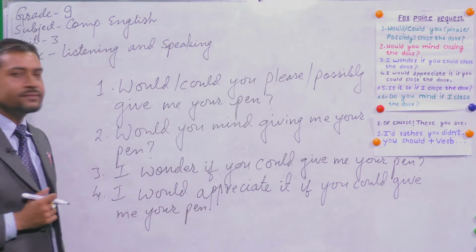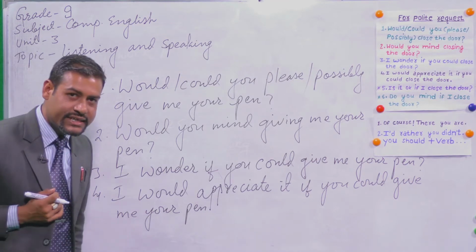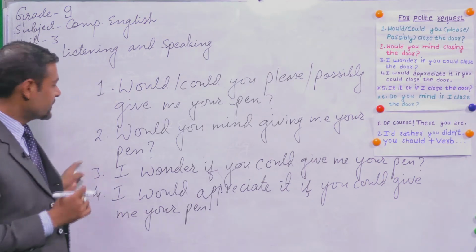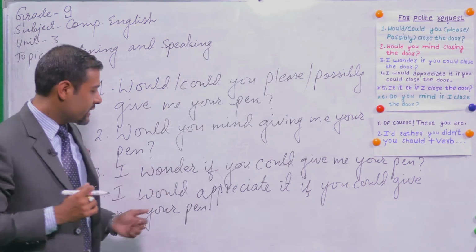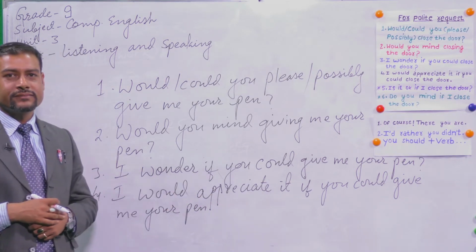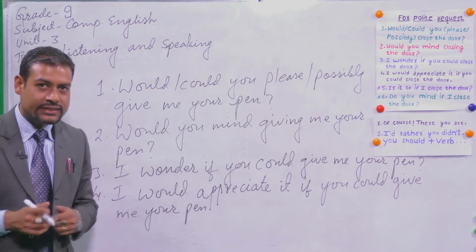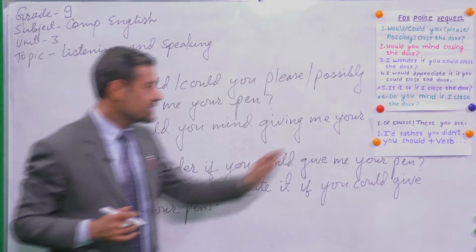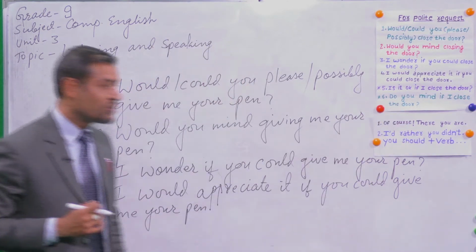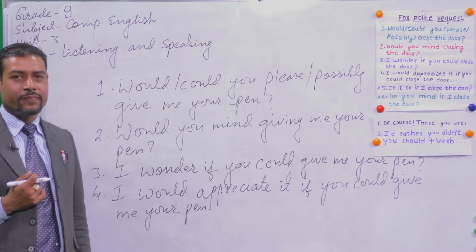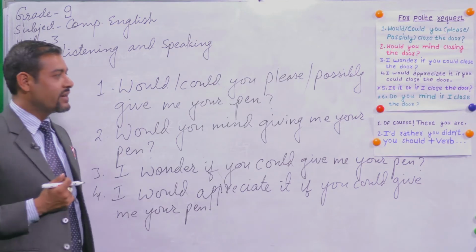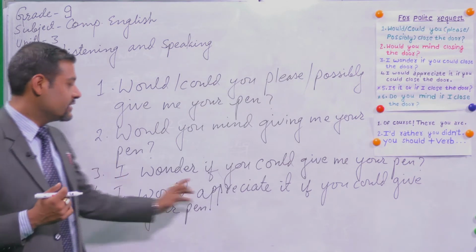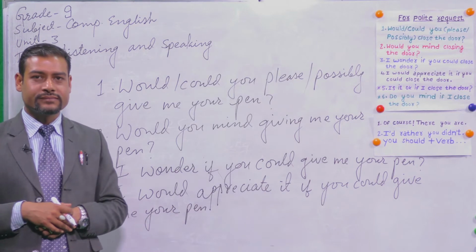So number 5. What do you say? Yes, you can say, is it okay if I use your pen? Have you said so? Yes, you are right. Number 6, you can say, do you mind if I close the door? Make a similar sentence again. Yes, you are right. You can write, do you mind if I use your pen?